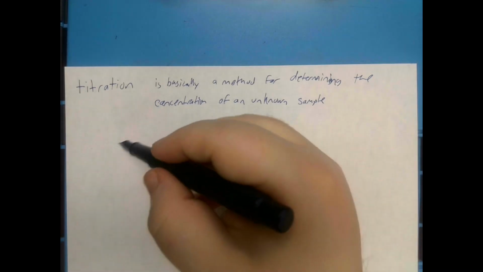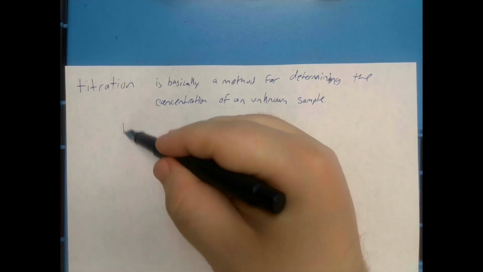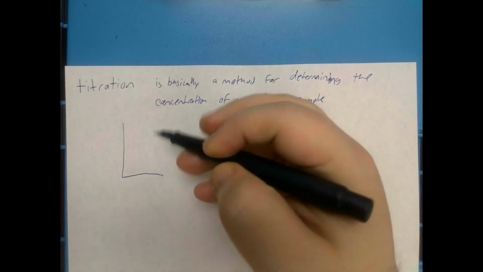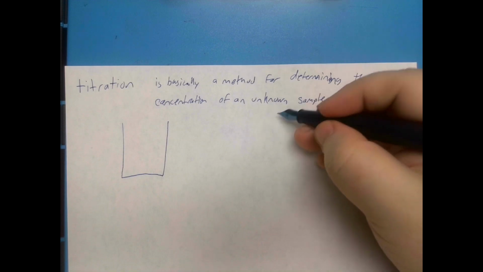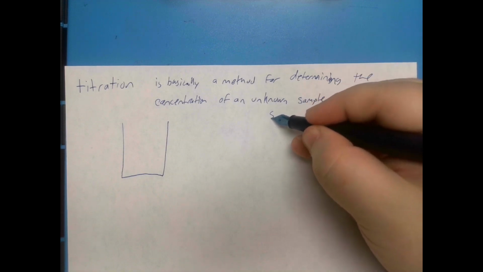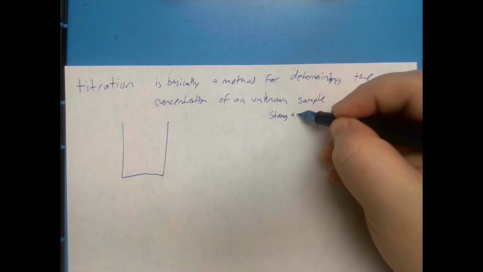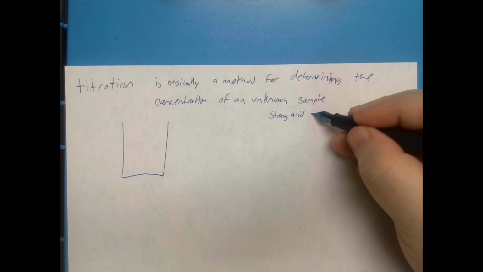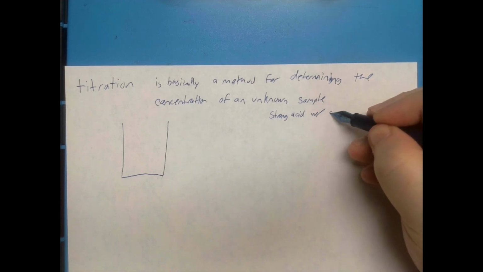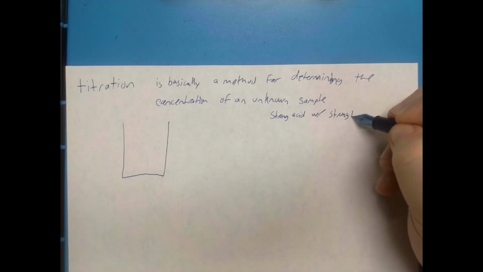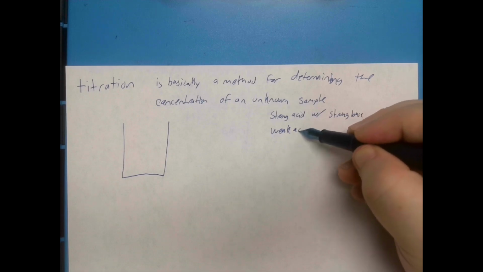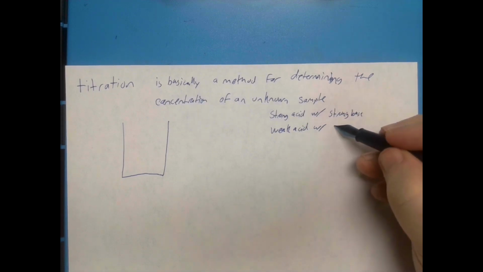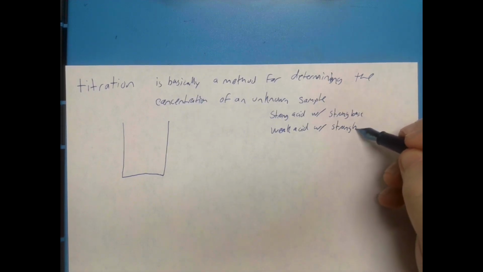The basic idea is you can do it in a few different ways depending on whether or not you're testing. So there's 4 categories. There's strong acid with strong base and any other combination of strong and weak. So you could have a weak acid with strong base.